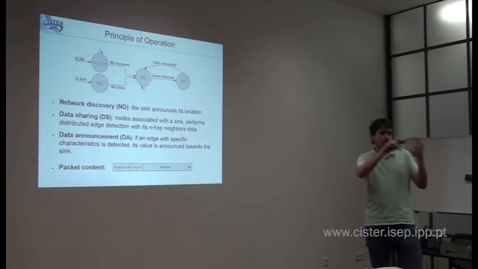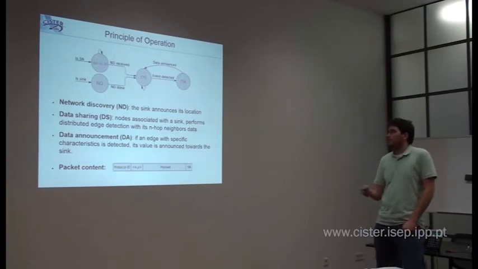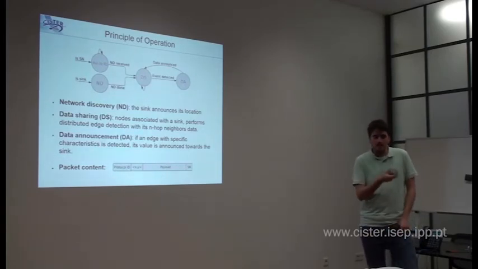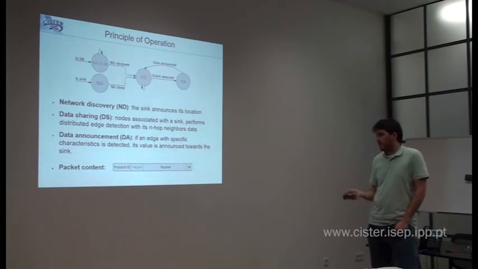After that, you keep on sharing data with your neighbors, and as soon as you process the content of your neighboring data, you detect or not some feature of the phenomenon. The packet content is basically this.